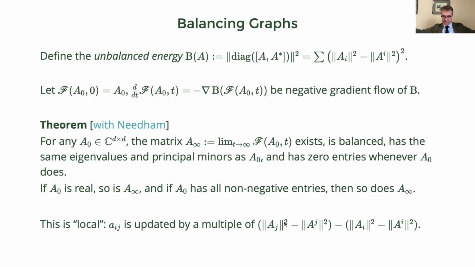Whatever the disparity is, that's going to go into my update, and likewise for the other vertex. So it's not looking really far away in the graph. It's only looking at the edges coming into or going out of the vertices that your particular edge is connected to. So it's quasi-local in that sense.